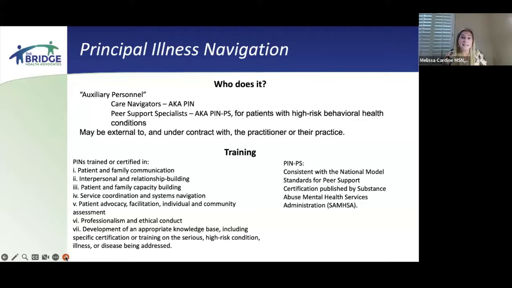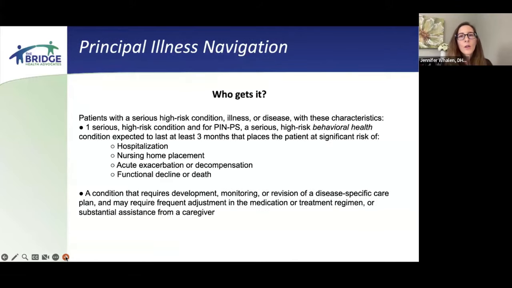What we're finally seeing is that CMS is looking at that outpatient arena and going, how do we fill in all of these gaps? And this is one way.